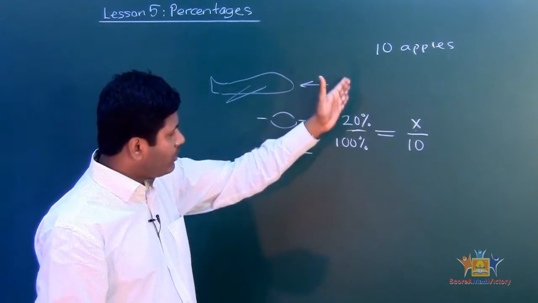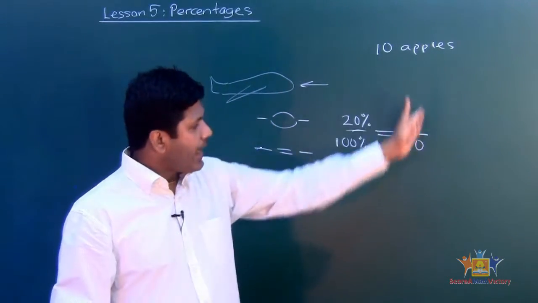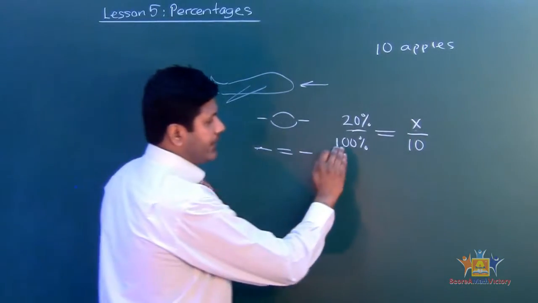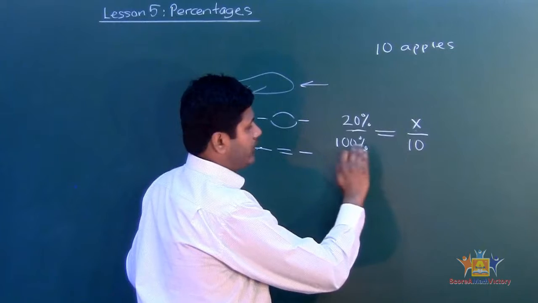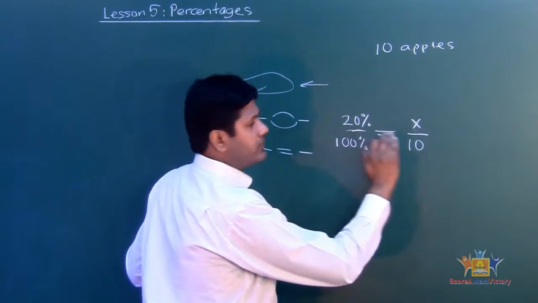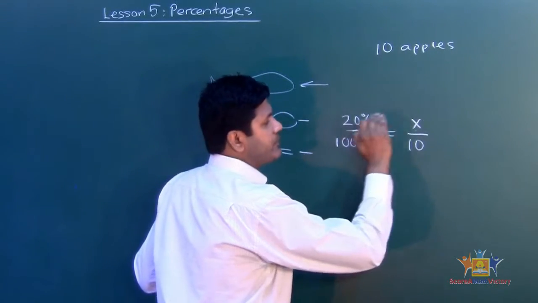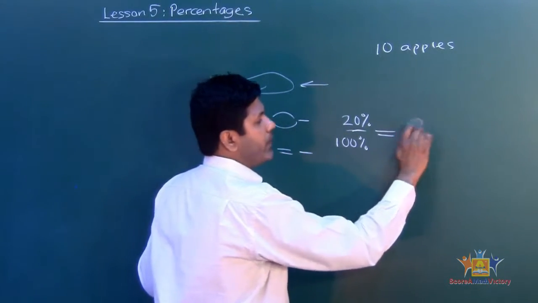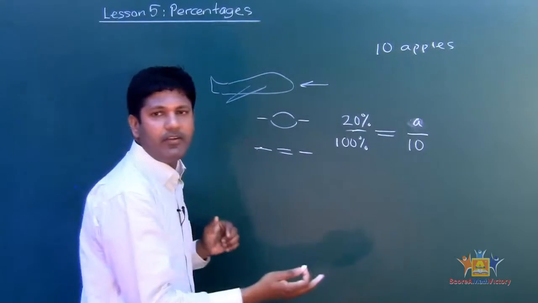So I keep all the percentages on one side and the number of apples on the other side, parallel. In other words, I put 100%, which is the 10 apples, and the 20%, which I'm looking for and don't know, I give a variable. I put an X, or you can even put an A. It doesn't matter, you can put any variable.